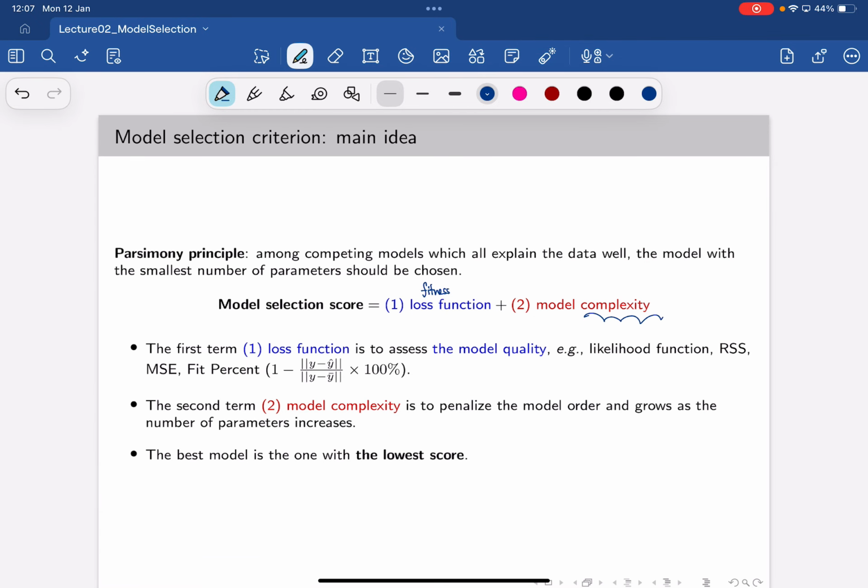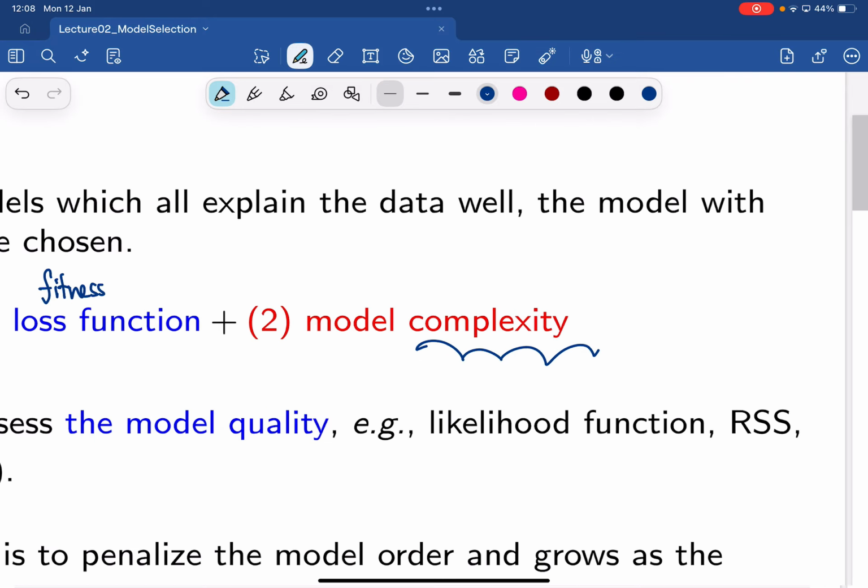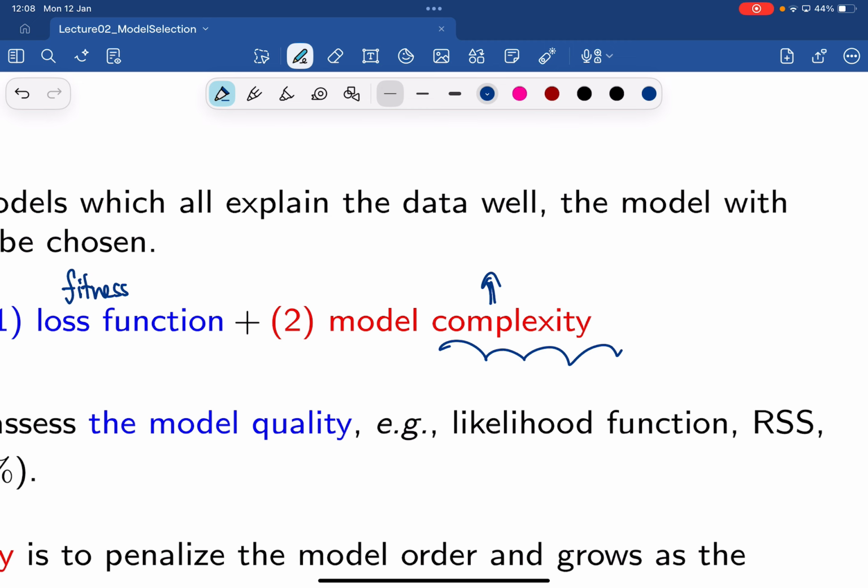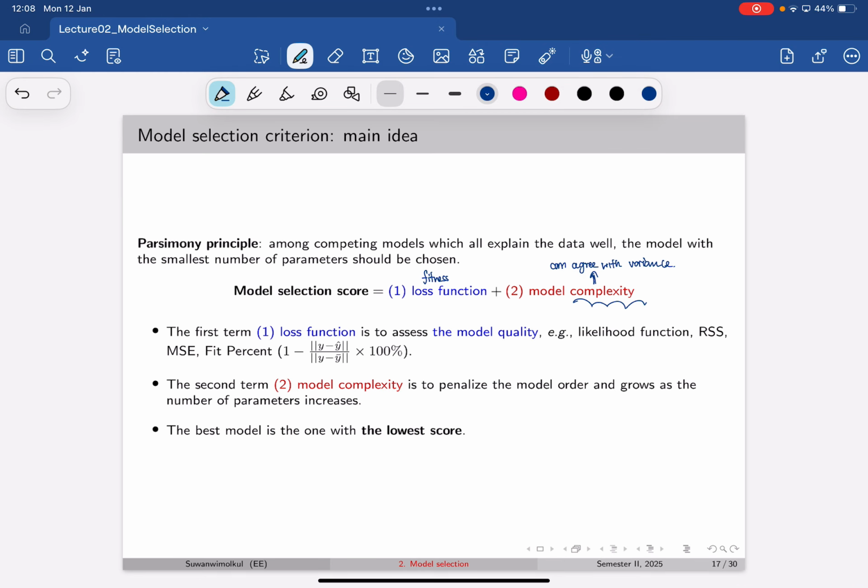And we learned before that complexity somehow goes together, or maybe can agree, with variance. That variance term in your BCE, MSE. So that's why sometimes you can use just the model selection score independently.